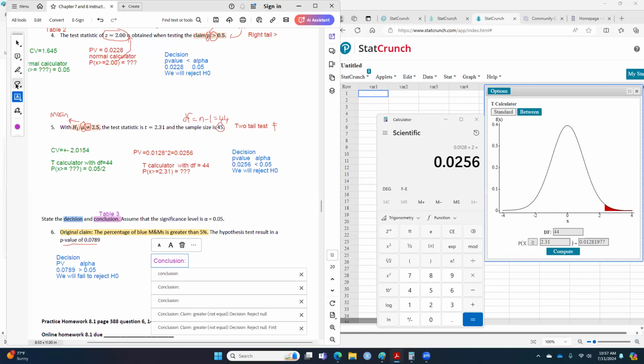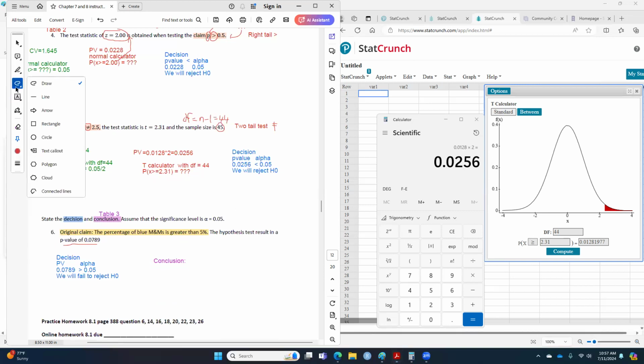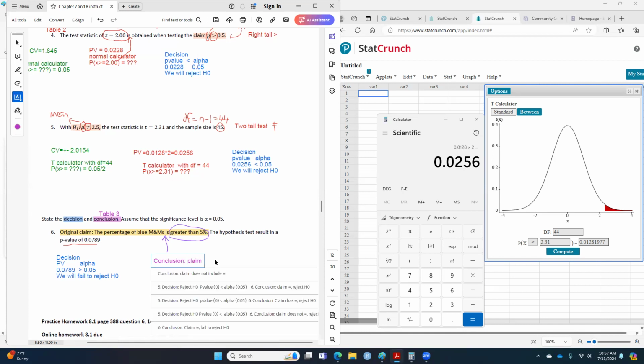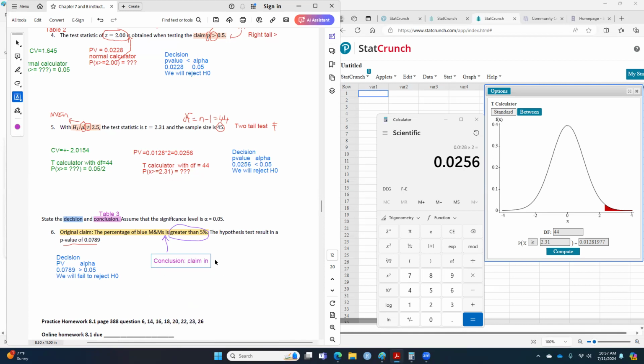You will have to read this claim statement again and figure out if it has an equal sign or inequality. And this is the claim statement that we have. When you read this, you have the word greater than 5%. Because of the word greater, it is inequality.